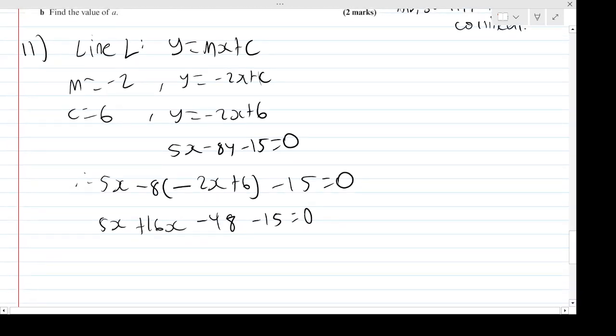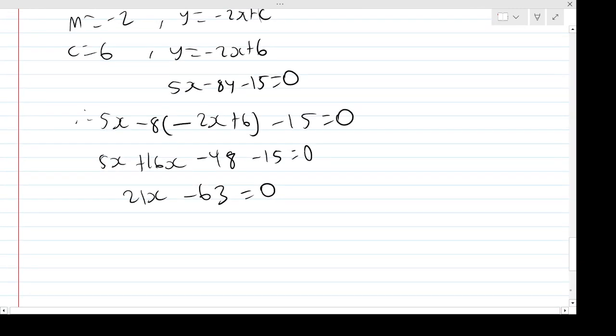So that's 5x plus 16x is 21x. Then minus 48 minus 15 is minus 63 equals 0. Cool. Okay, well then I can move it to the other side to get 21x is equal to 63. That means x is 63 over 21, which will turn out to be 3, I believe. Okay, so that's the x value.